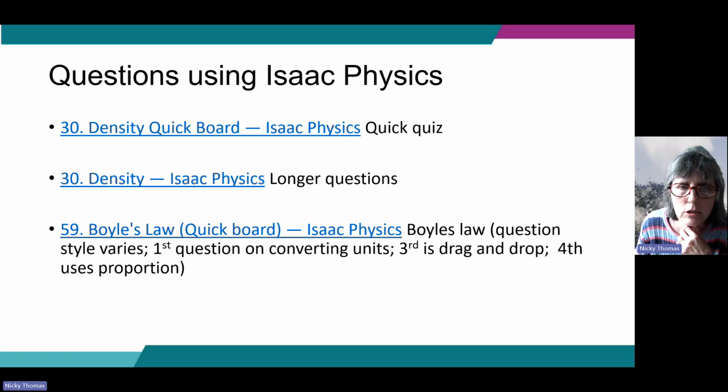I'm going to show you how to get to these slides. In fact, I'll put them in any email I send with the links. I would suggest you only look at the density questions. We haven't talked about the gas laws questions. If you feel inspired, you are very welcome to go and explore Isaac Physics, but at this point, I will only ask you to look at the density.